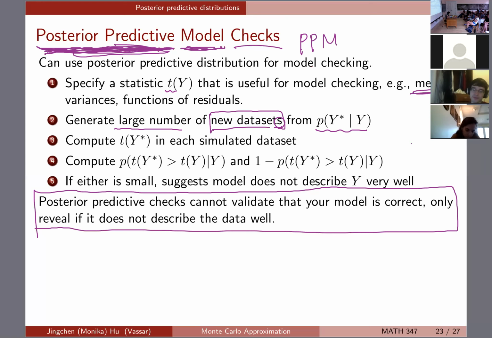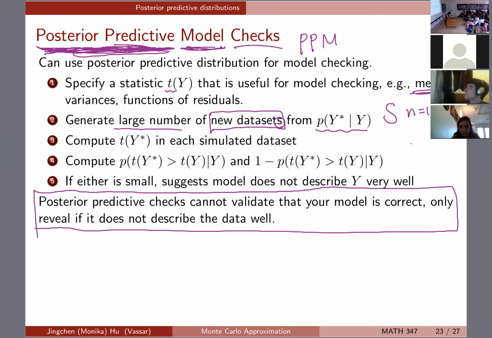For example, if the original data has 100 observations, then you're going to generate S sets of 100 observations, because each time you generate the posterior predictive, you want to mimic what you have in the original. So every time I generate a new data set, I generate 100 observations and then summarize its mean, variance, or standard deviation, whichever you prefer.